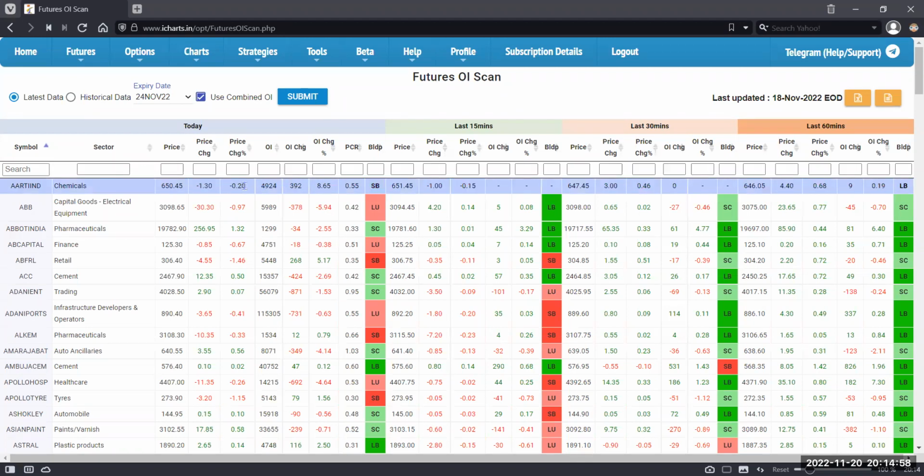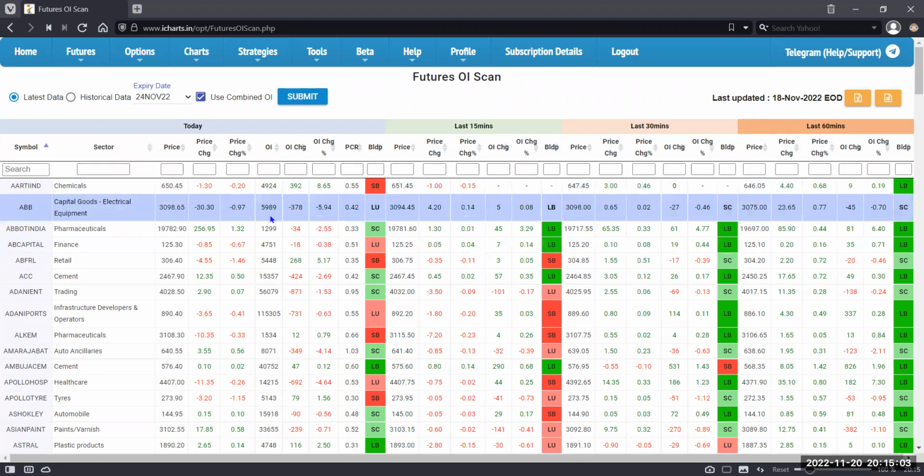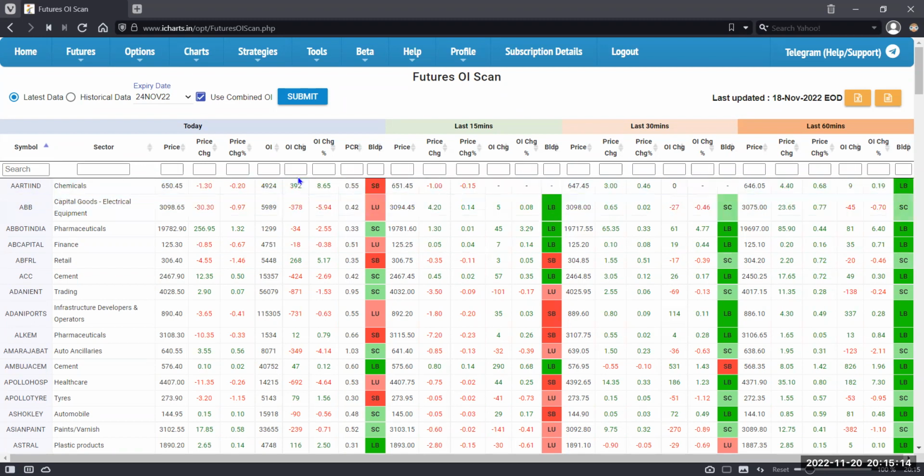So the basic thing that you can do is you can look at the market, and any kind of basic analysis you can do to decide whether the market is up or down. So basically, if the market gaps up, you can either look at the positive scripts in this section, or you might look at, because these days what is happening is if market gaps up, then basically it starts to go down actually, and the other way around.